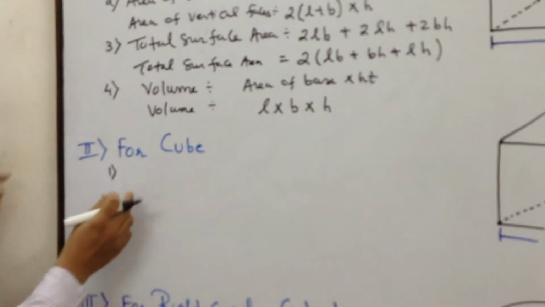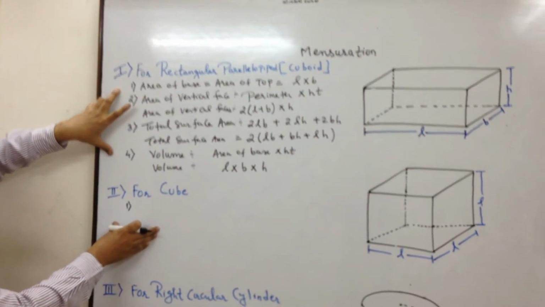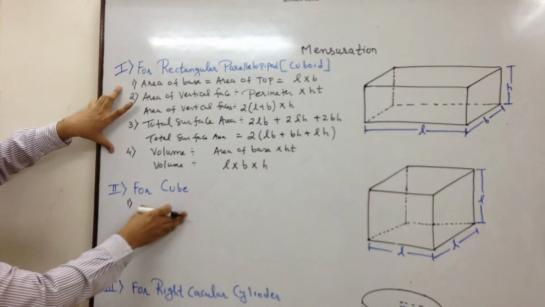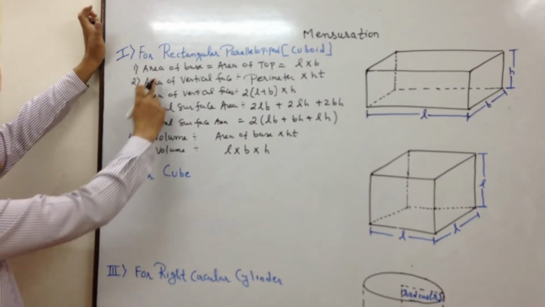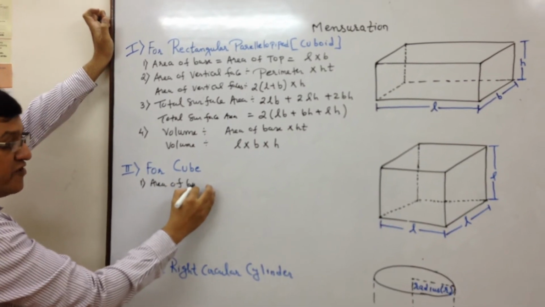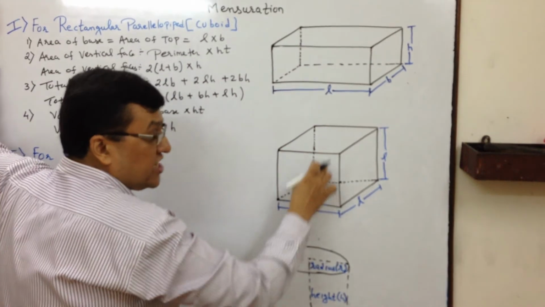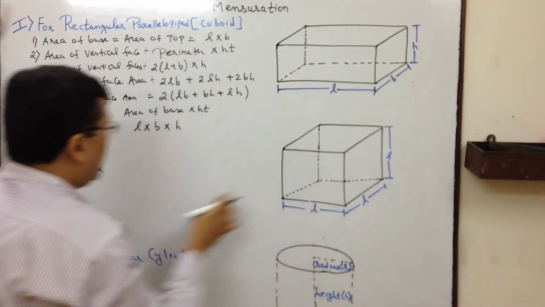Area of base. I shall go on a parallel line to how I worked it out for the parallelepiped or cuboid. The first one is area of base, and whatever the base area is, so it is for the top as well.